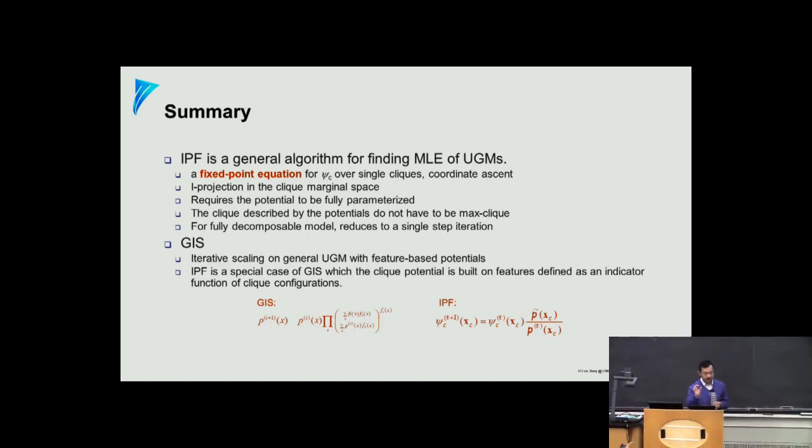And secondly, one is for the tabular potential, the other is for feature-based potential. And also, hopefully, you now appreciate the interest and the needs for those feature-based models in many practical application domains.